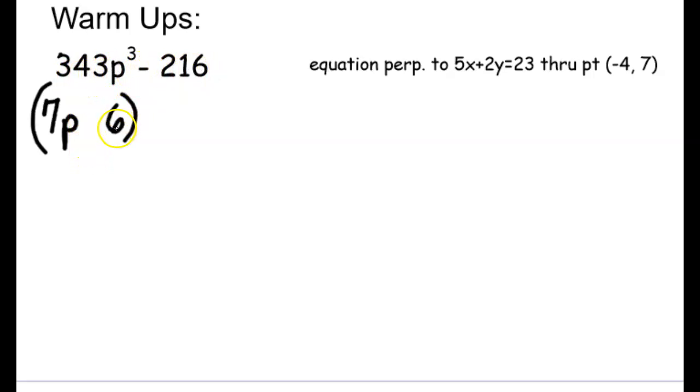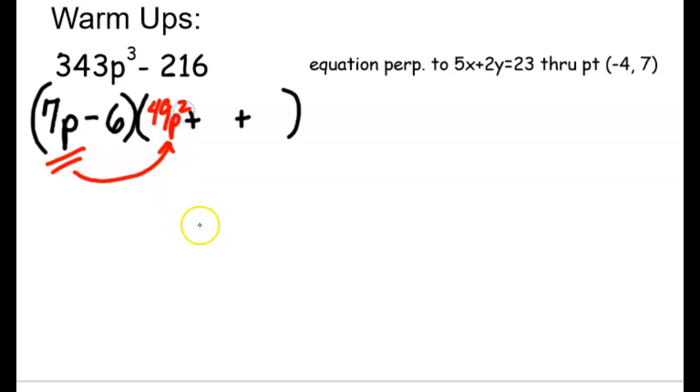So how does this first parenthesis go? 7p, and we do what with the sign? Minus, okay. Next parenthesis, the signs are going to change to opposite and always positive, right? Okay, then we have to do this one squared, which would be, anybody? 49p squared, because you got 7p times 7p.